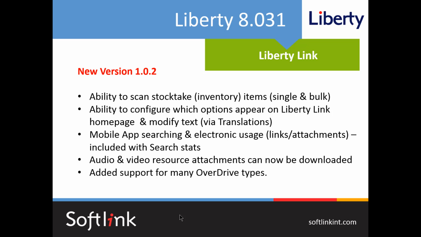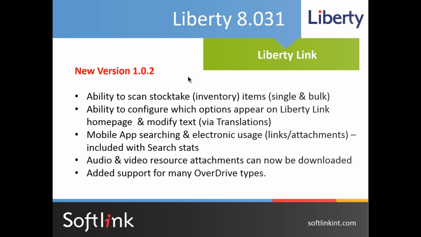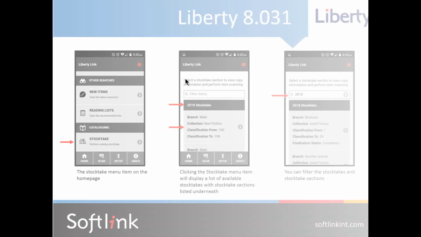And if attachments are audio or video, they will now be able to be downloaded. And finally, for those of you who use Overdrive, there is support for many additional media types. Again, look at the release notes. That's the simplest way to see if a type that you're interested in has new support.